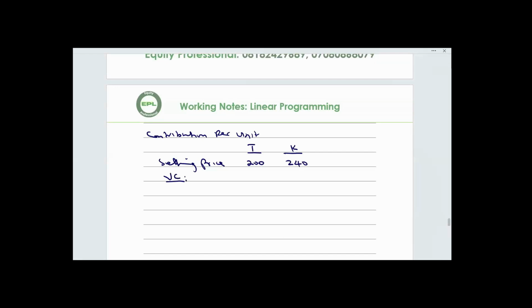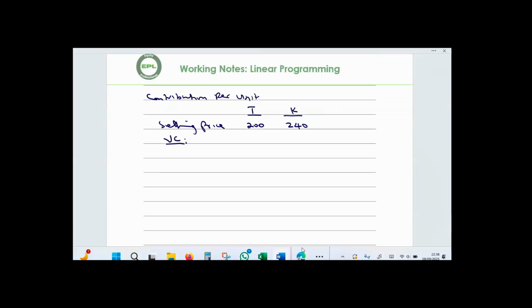According to the question, we are given different variable costs. We have direct material, 45 and 50. Then we have direct wages. We have three different departments.